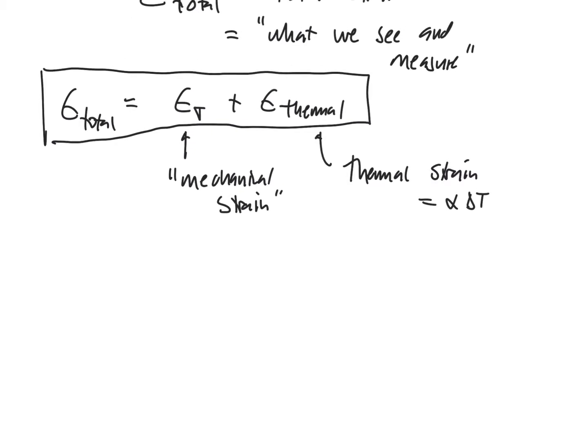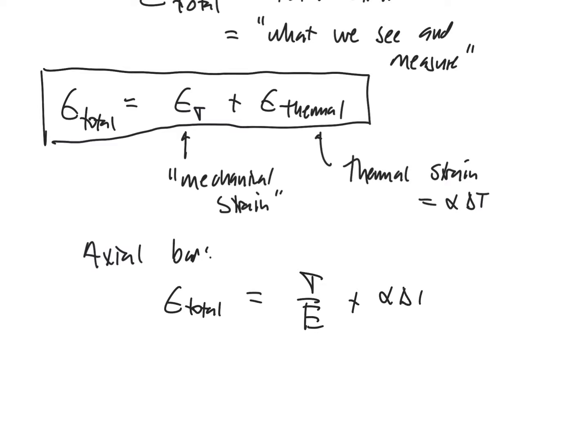And so how does that manifest itself for, say, an axial bar? Well, the total strain in that case is going to be equal to the mechanical strain, that's sigma over E, our one-dimensional constitutive law, plus an alpha times delta T. So there we have a constitutive law, and what we do is we modify the strain-stress law, and we put that thermal strain over here.